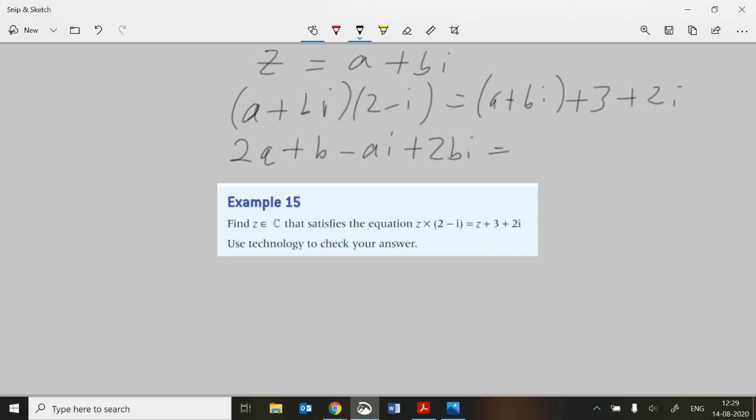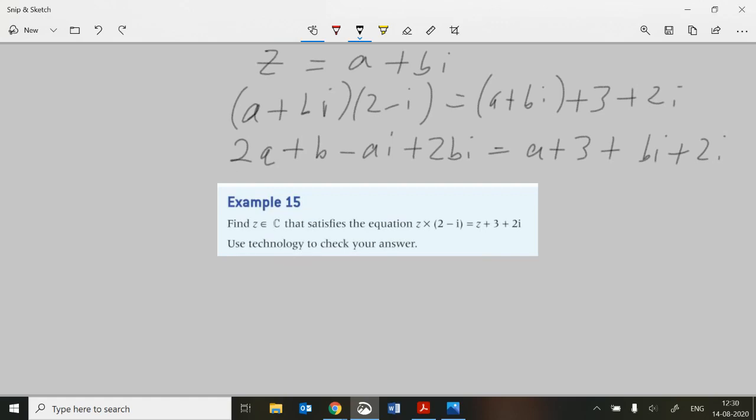Okay, and on the other side, we're getting a plus 3 as our real part, and we're getting bi and 2i as the collecting together of our imaginary parts. Okay, so now we've got 2a plus b on the left-hand side.